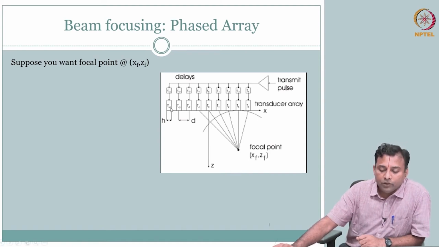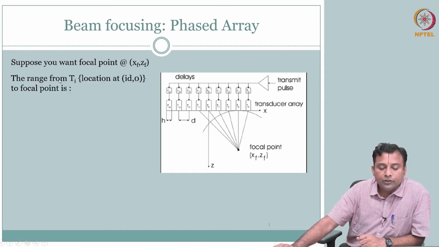So same logic, you have different crystals, each one has its own time delay that you can control when you excite them. So now the calculation has to be, again, what is the extra path length that each one has to travel, right. So clearly if you have to arrive at this point, the closest needs to travel the shortest, the farthest needs to travel the largest distance, right.